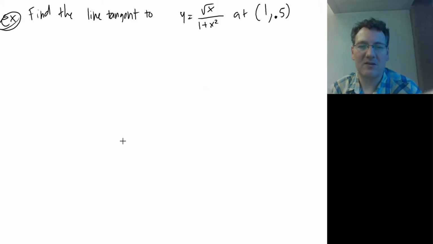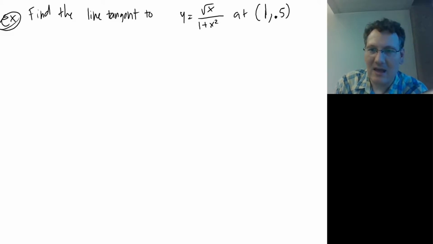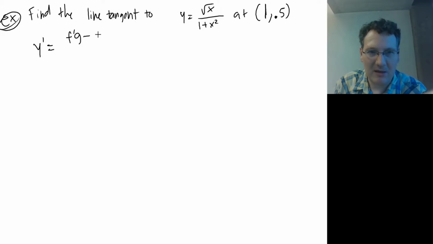All right, now let's look at this curve, y equals square root of x over 1 plus x squared, and let's find the tangent line at the point (1, 0.5). So y prime is, as I said, f prime g minus f g prime over g squared. So let's evaluate that.